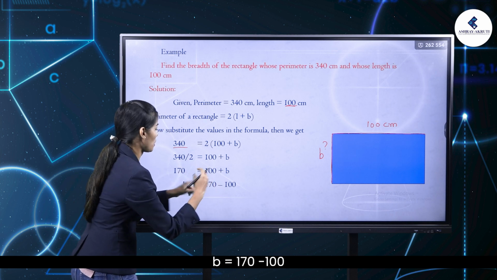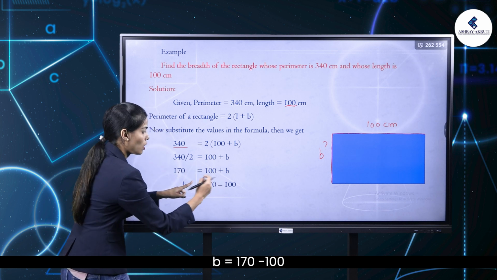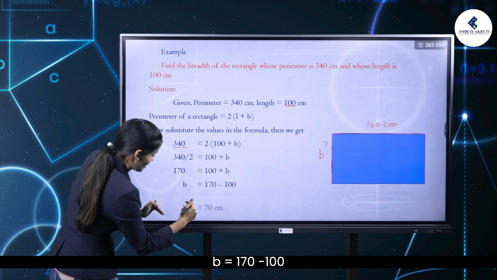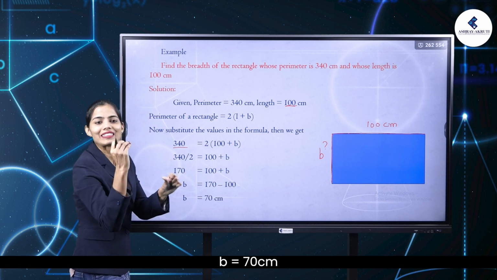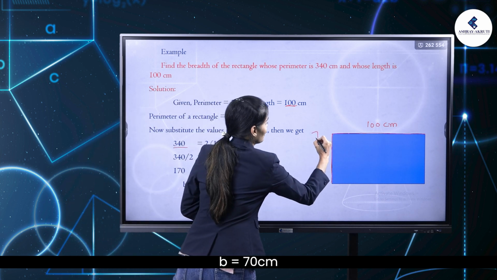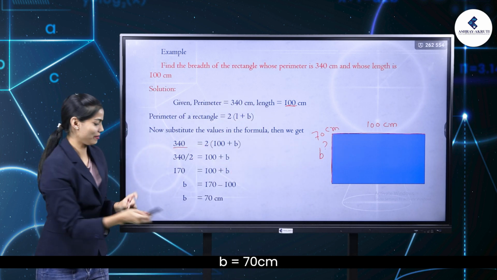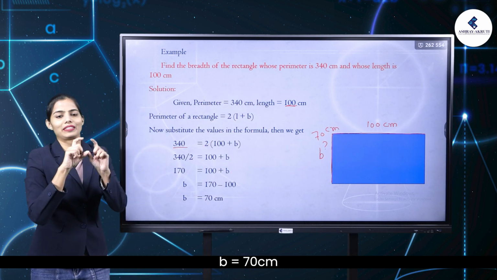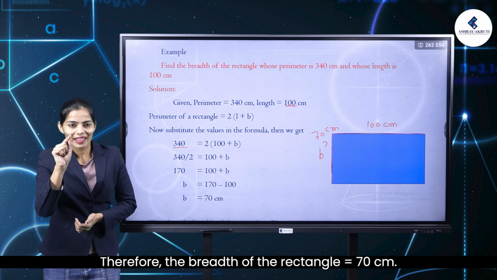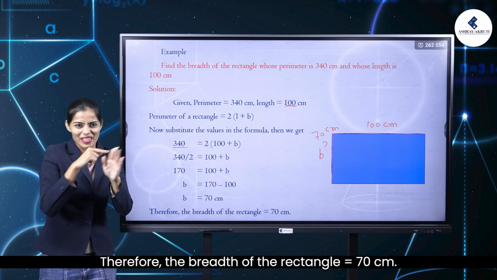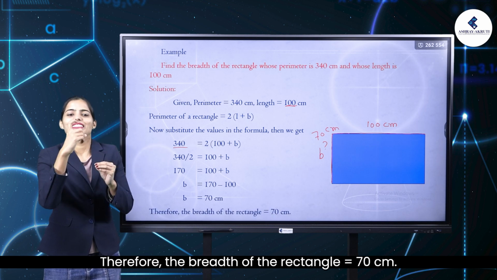B is equal to 170 minus 100. B is equal to 70 centimeter. Therefore, the breadth of the rectangle is equal to 70 centimeter.